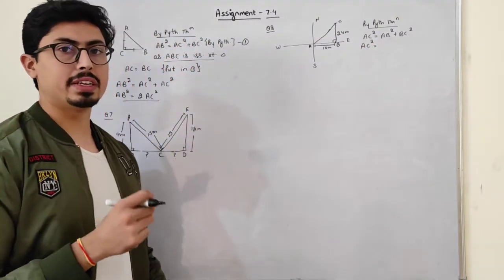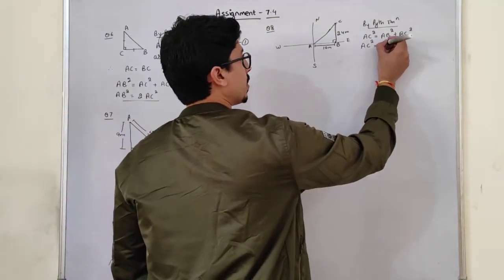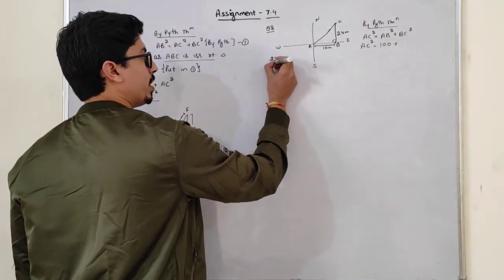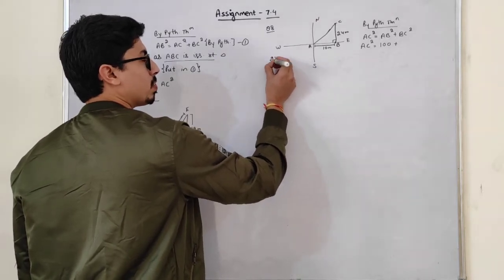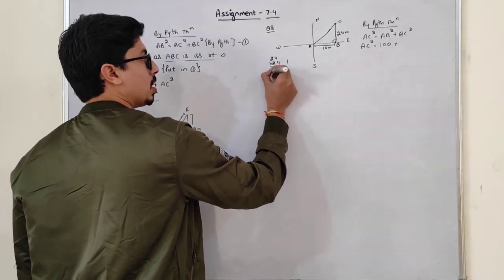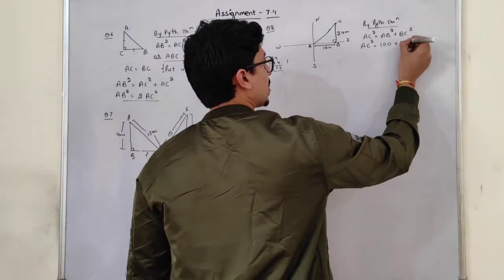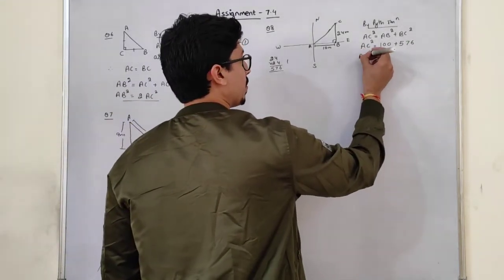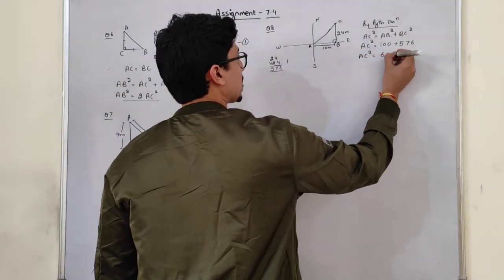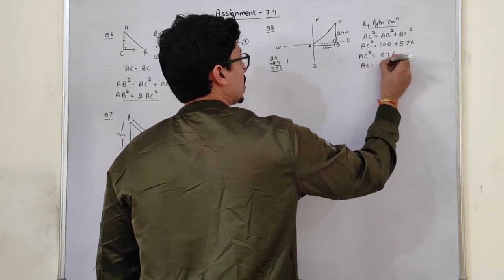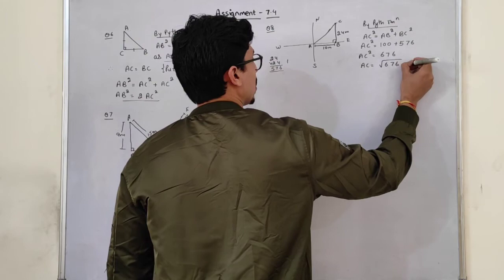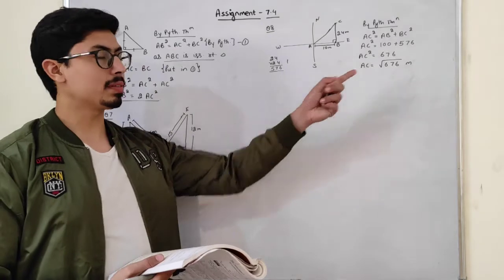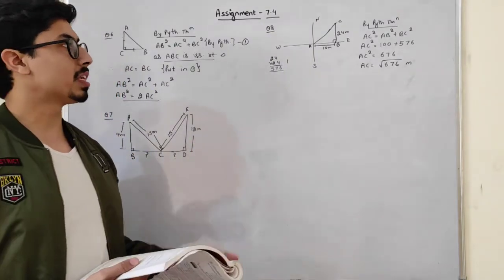AB is 10, so 10 square is 100. 24 square, if you find out, students, 24 into 24, it will be 576. Okay. So if we just add them, students, how much will it be? 676. So root 676 is my required answer, or we can find it in a more simplified way by checking the factors of this.